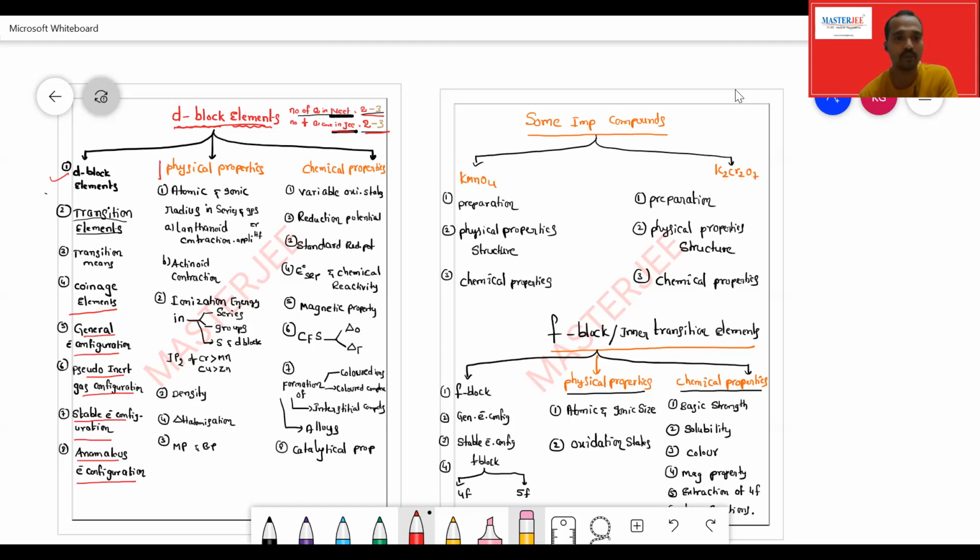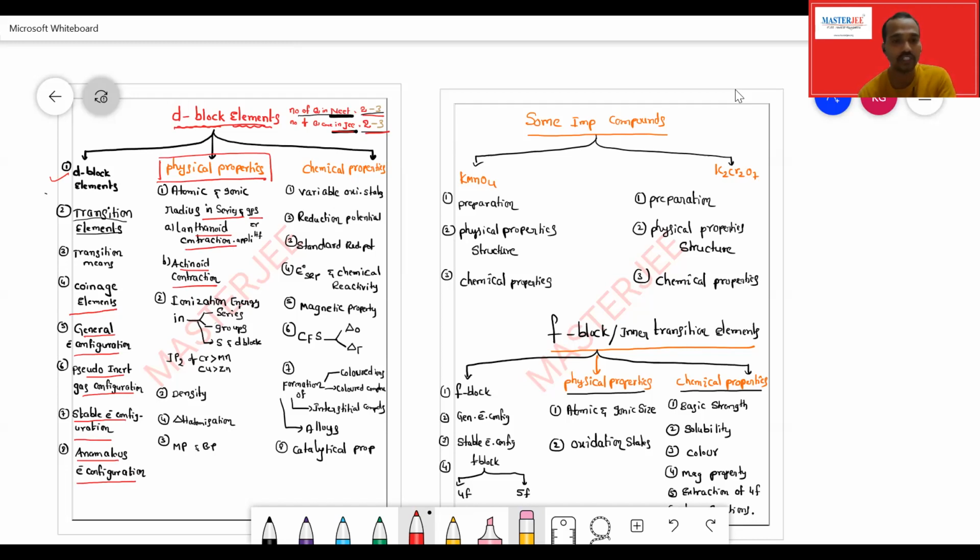Next, physical properties we have to discuss here. In physical properties, atomic and ionic radius in series as well as in groups. Next, lanthanoid contraction, actinoid contraction, and its consequences.